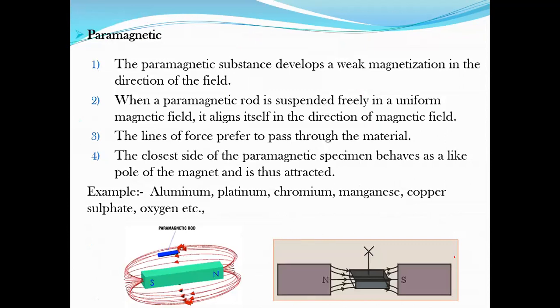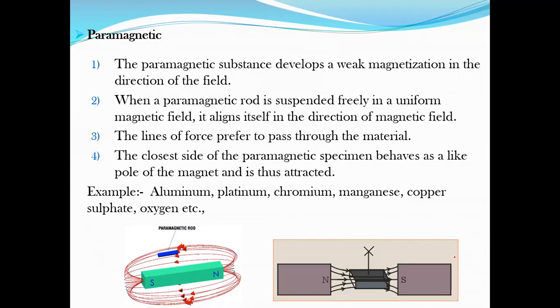Paramagnetic substances develop a weaker magnetization in the direction of the magnetic field. They will also align with the magnet. A paramagnetic rod suspended freely in a uniform magnetic field aligns itself in the direction of the magnetic field.